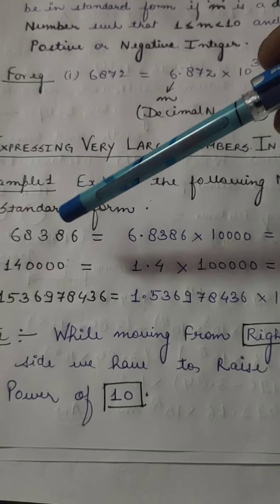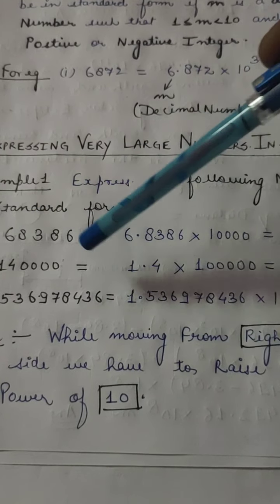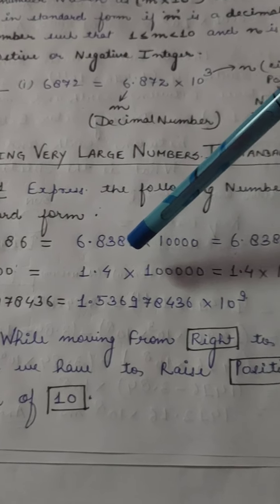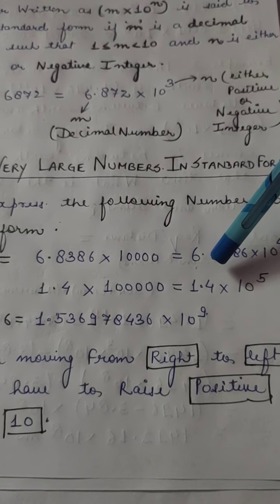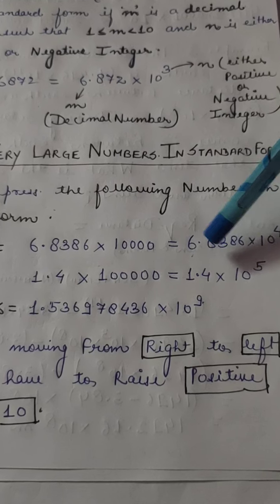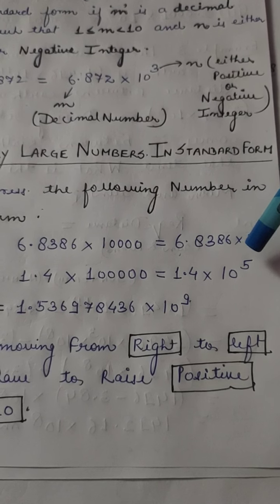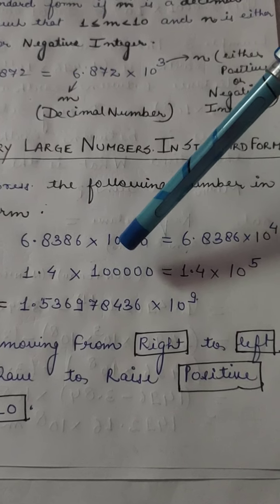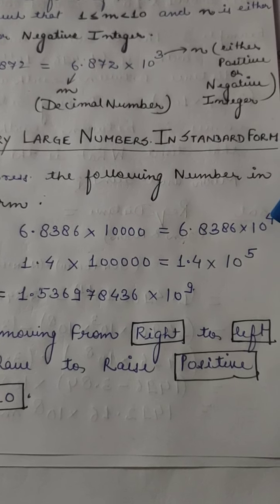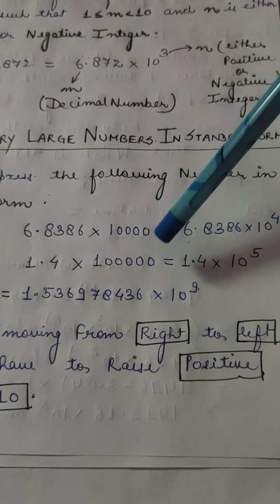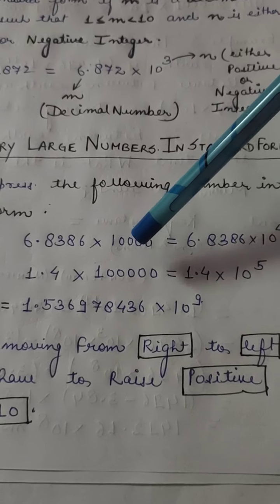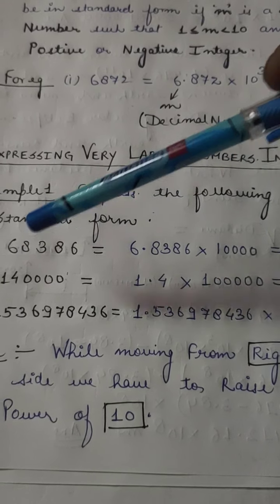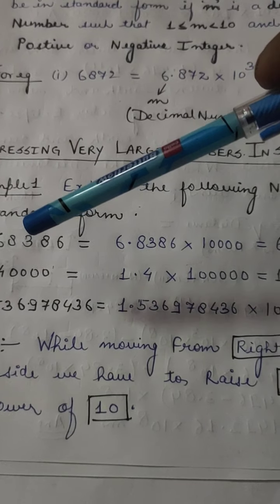Because I moved 4 places to the left, so I multiplied the number by 10,000. In the next step, I write 10,000 in exponential form as 10 to the power 4. So whenever we move the decimal from right to left, we raise positive powers of 10.